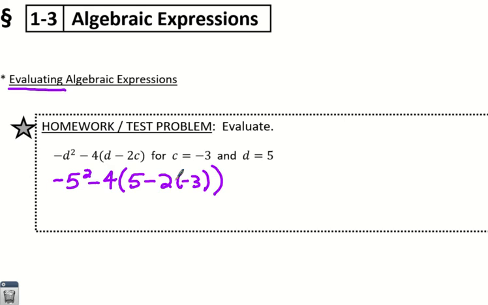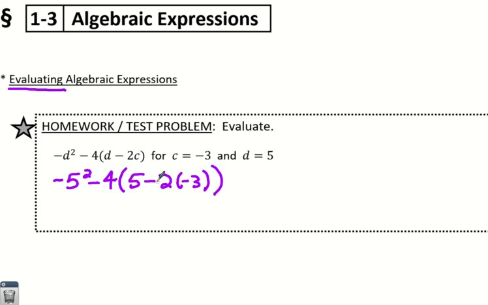You know what I mean? Or basically, you could think of it as we have multiplication, and it's like negative 2 times negative 3. If you just want to think of it that way, you totally can.